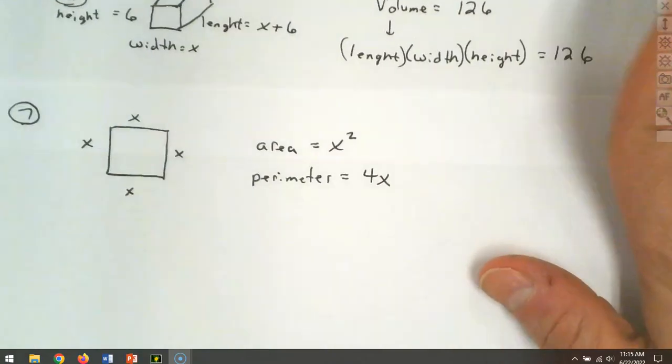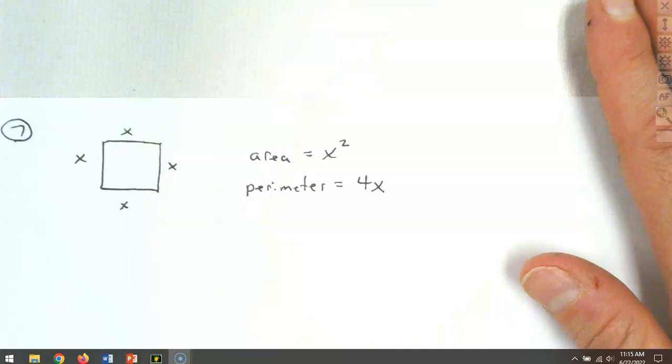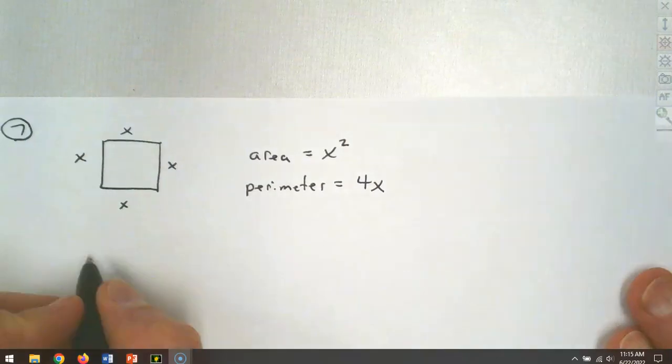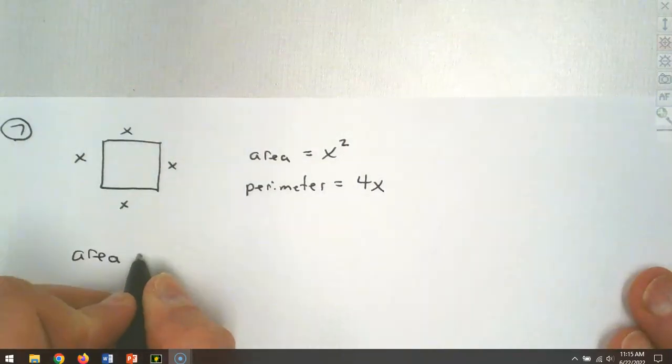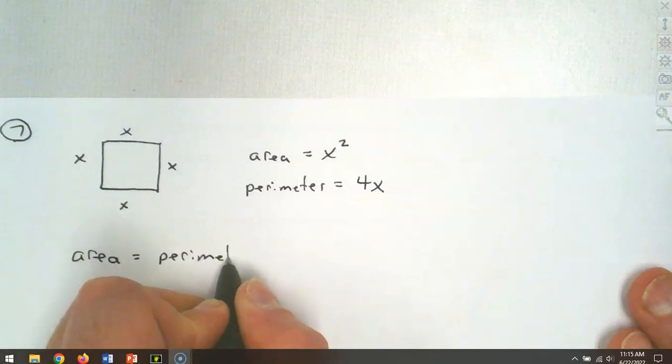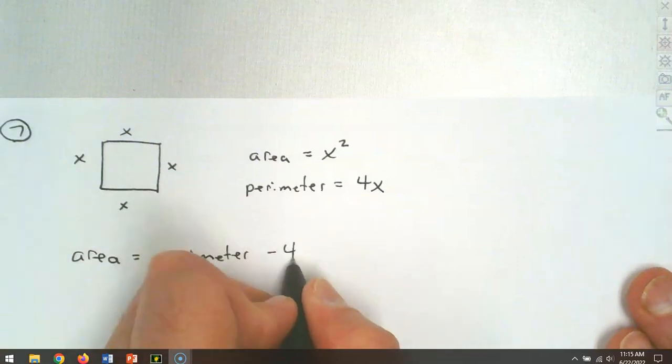Now, what are we looking for here? If we read question 7, it says, find the length of the side if the side is greater than 1, so we've got to have an answer greater than 1. And it says the area of a square is numerically 4 less than the perimeter. So that means the area is going to equal the perimeter minus 4.